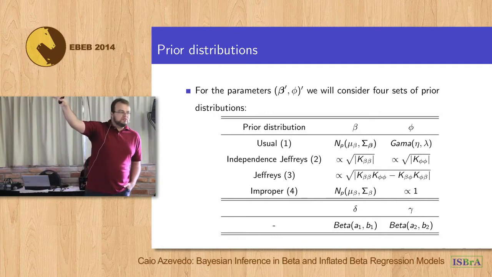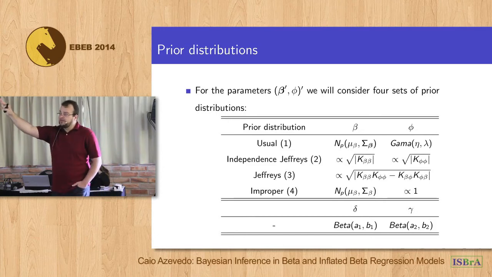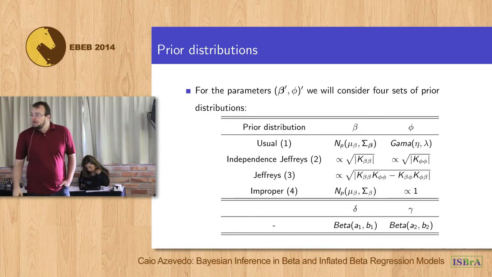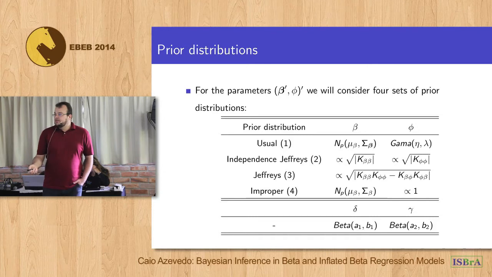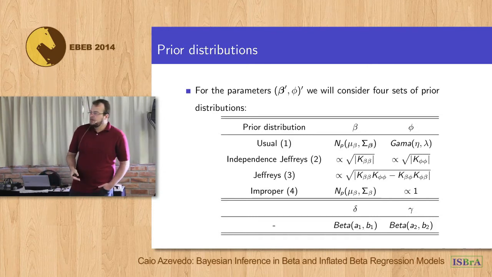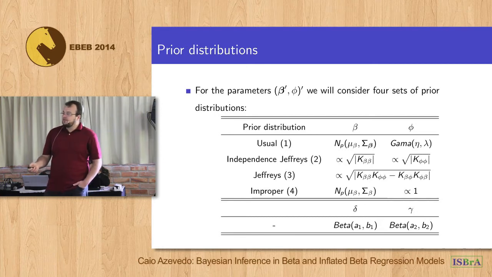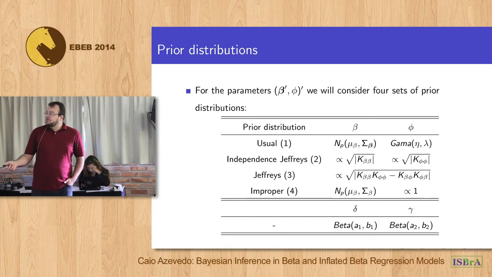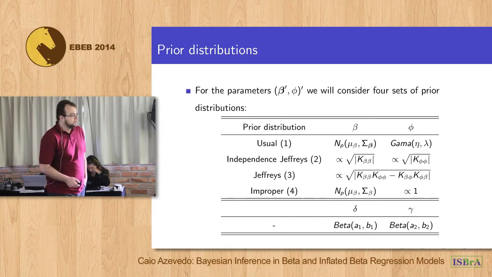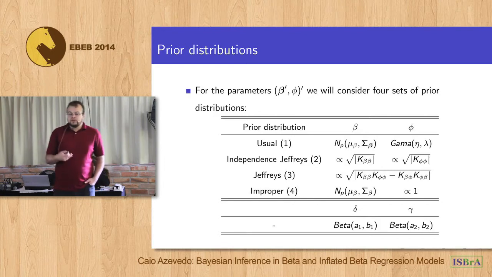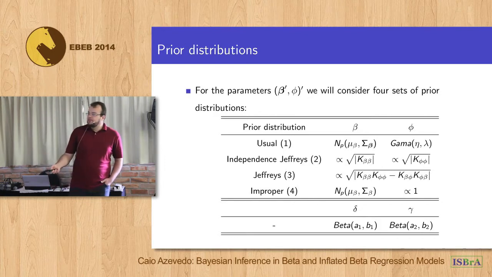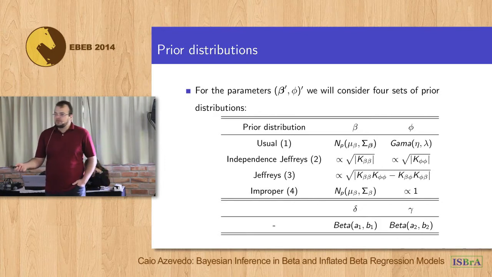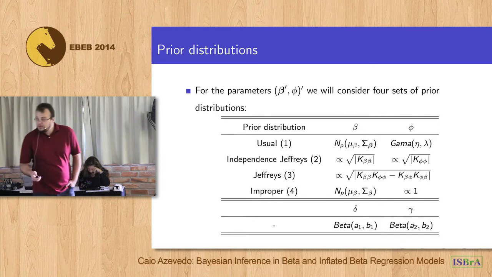We also used the Jeffreys prior distribution that is not an independent prior. And finally we have what we call an improper prior distribution, since we are assuming the prior distribution for phi proportional to a constant. And also, for conjugate reasons, we are assuming a beta distribution for the delta and gamma parameters.